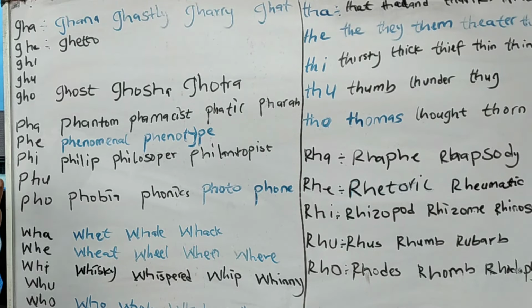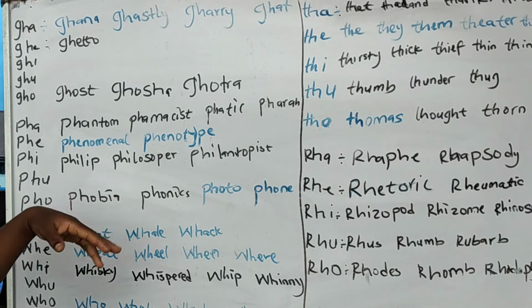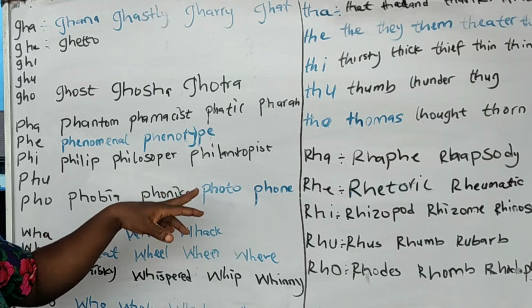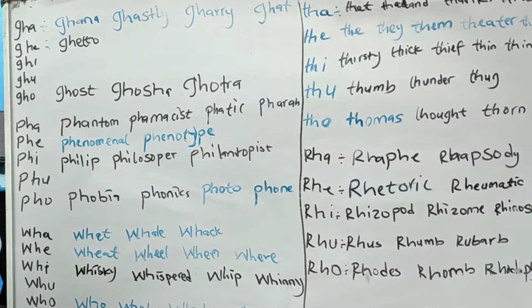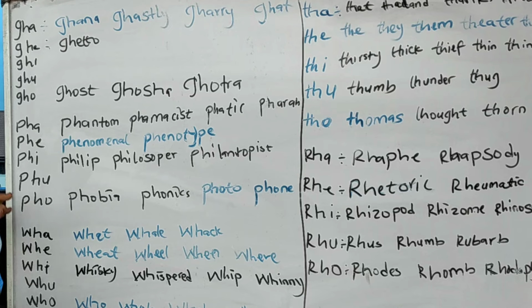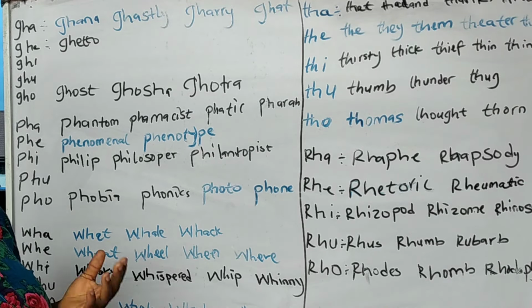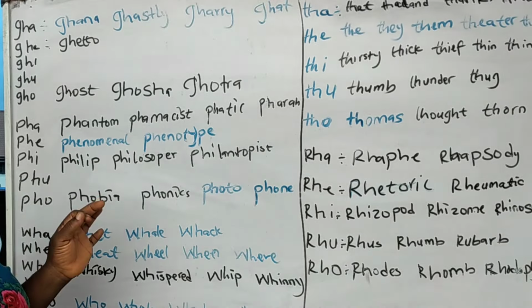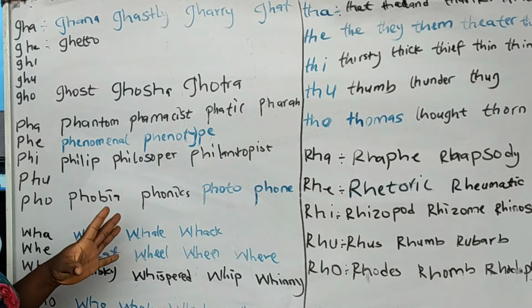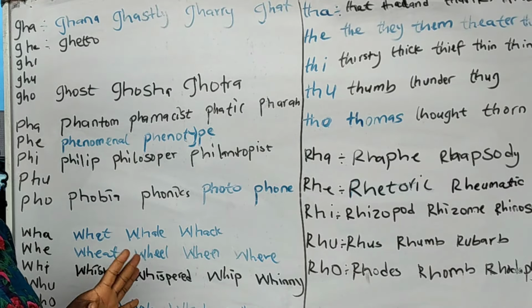We have Phil, we have Philip, philosopher, philanthropist. And for this PHU, like I said right here, the words we have there are a little somehow difficult to pronounce. So we're going to skip that, okay, because we are getting this right from the basic.